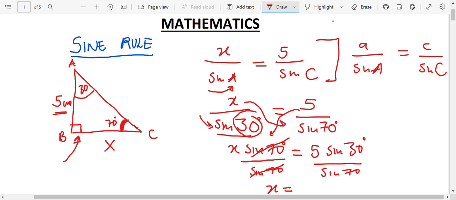So I'm going to say 5 sin 30 on my calculator divided by sin 70. So that has given me 2.66. Okay, that means this is in centimeters. So this is going to be 2.66 centimeters. That is the value for x.